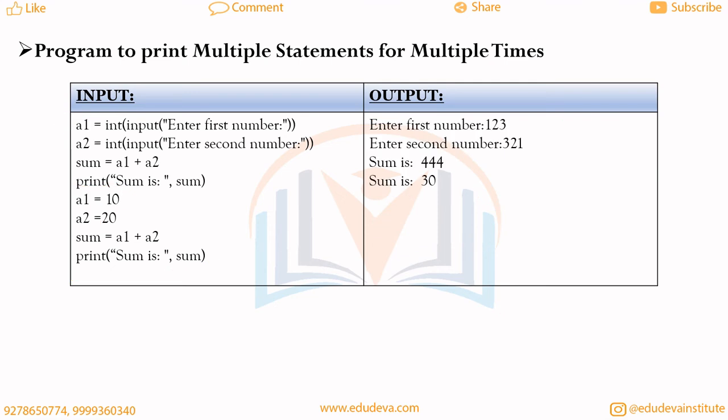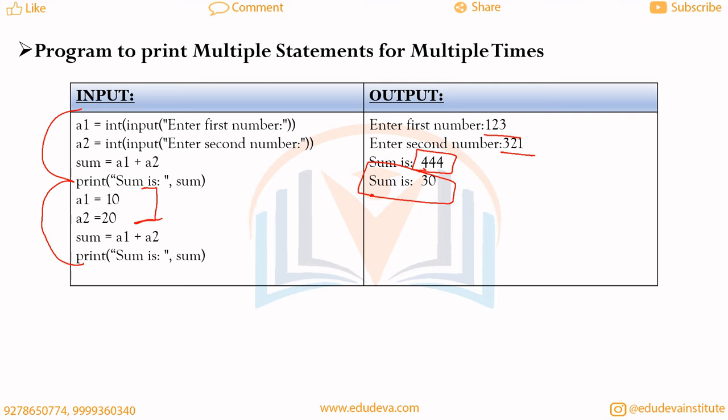So what is the difference between this user input and already defined input? Here the user has given the input as 123 for A1 and 321 for A2. So the sum of 123 and 321 will be 444. But with the default values given to A1 and A2, the sum is only 30.